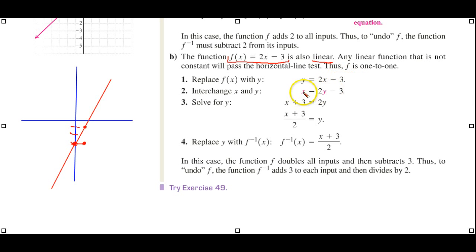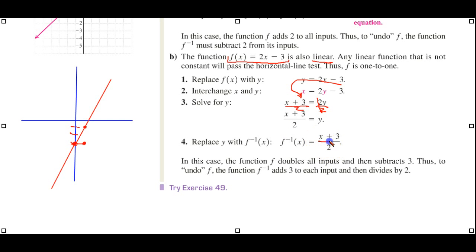We're now going to reverse the x with the y. And now we're going to solve for y. We transpose the 3, it becomes a positive 3, and then we divide everything by 2, and we get y equals this. We now replace the y, and it becomes the inverse function, which is, remember, this stands for a y, x plus 3 divided by 2.